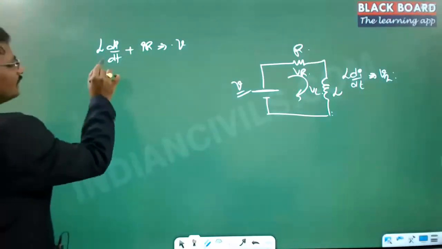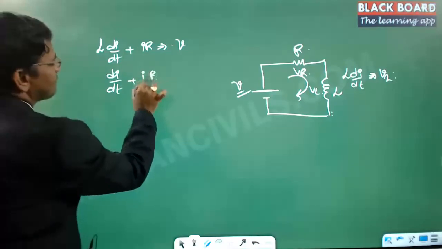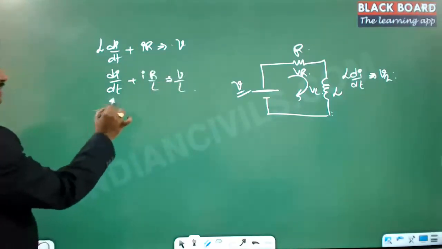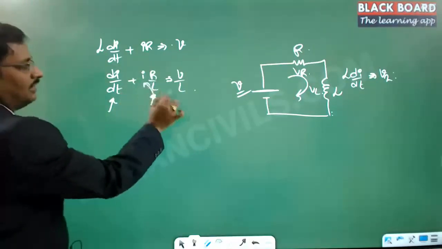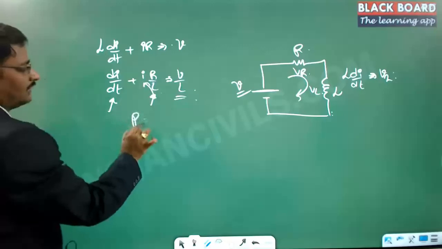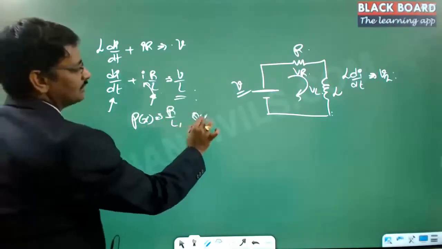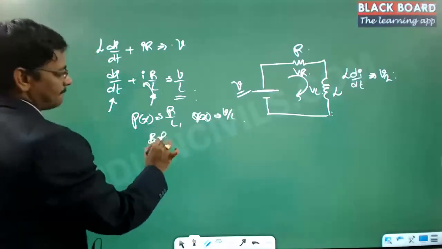Now, don't you see that this is a first order linear differential equation? This is dy/dx plus P y equals Q, so I is actually y. Here P of x is simply R by L and Q of x is V by L, where both are constants.